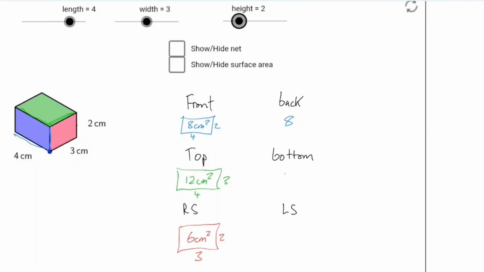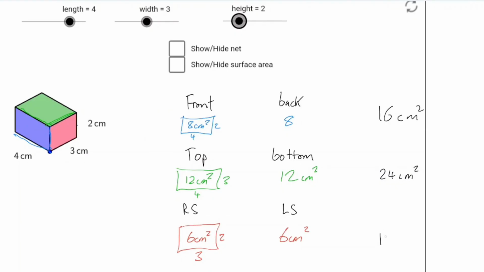So the top is the same as the bottom. Let's just write it in green. So this is also 12 centimeters squared. And the left side is also 6 centimeters squared, because the right side and the left side are identical faces. So add them all together. So 8 plus 8 is 16. 12 plus 12 is 24 centimeters squared.